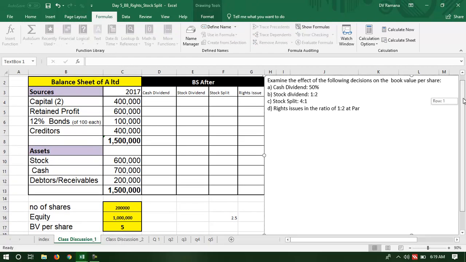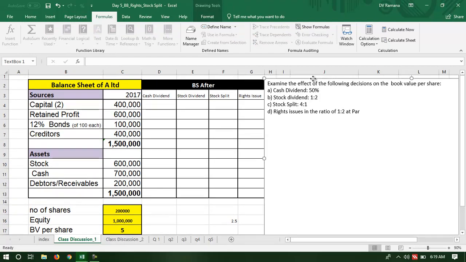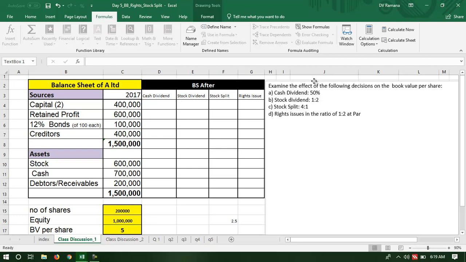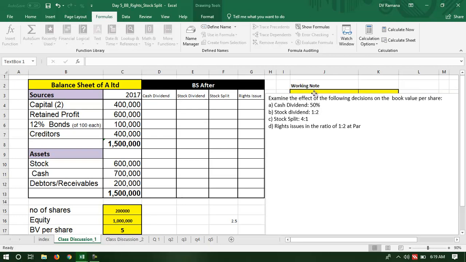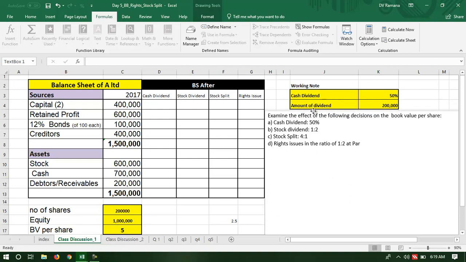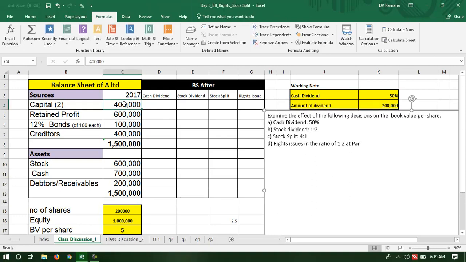When a company pays cash dividend, if not mentioned otherwise, it will always be calculated on the capital. So when the cash dividend is given as 50%, the 50% is calculated on the amount of capital.